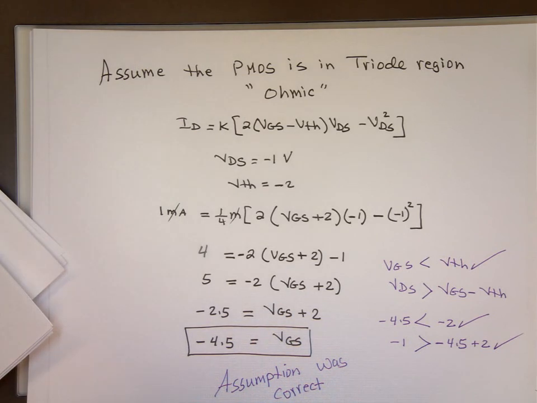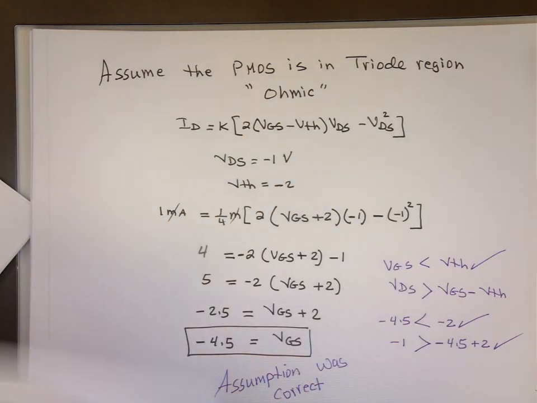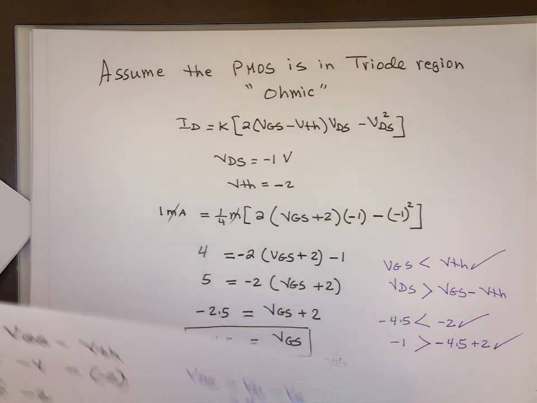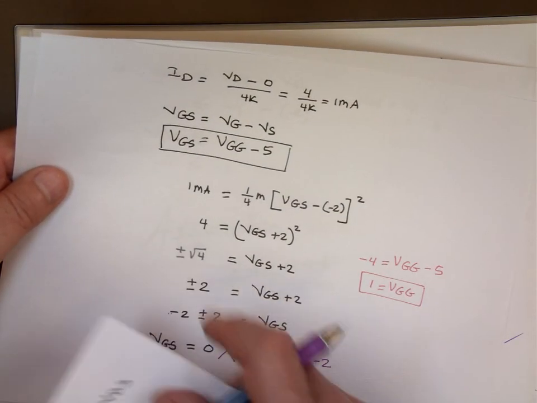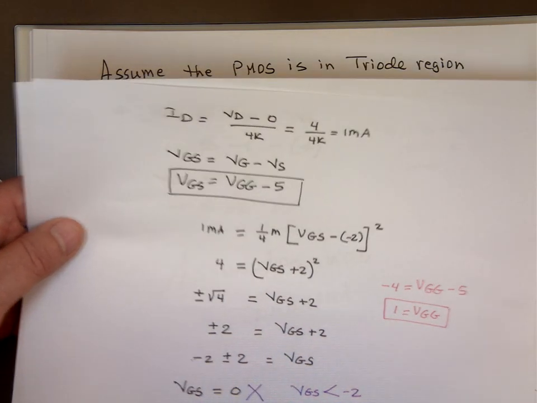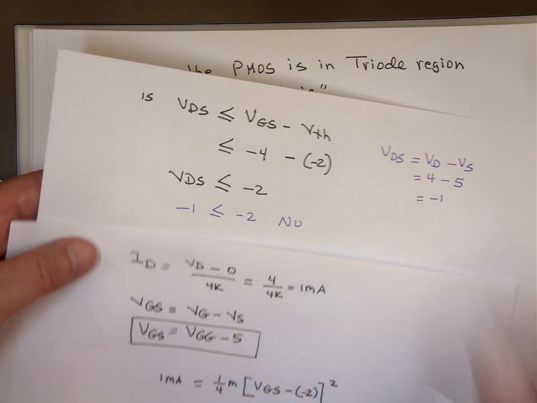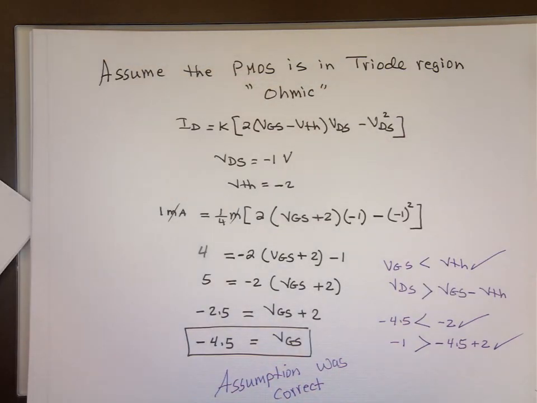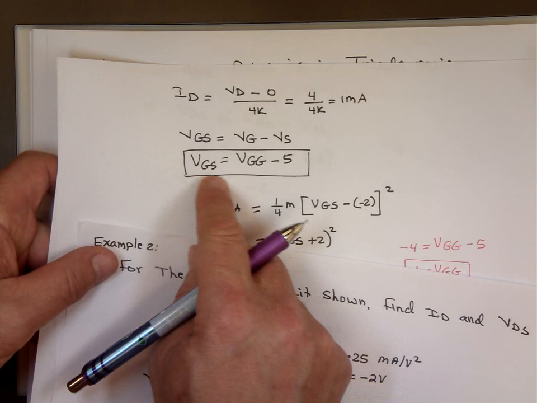So we know what the current now is. We know the current for this one is 1 milliamp. Somewhere I have found it. I know VDS. We calculated VDS somewhere. Where's my VDS? Negative 1 volt. I can also tell you what VGG is from this equation. Going back to this equation, VGS equals VGG minus 5.